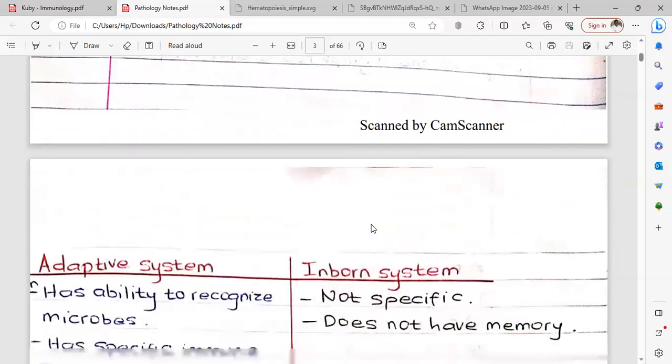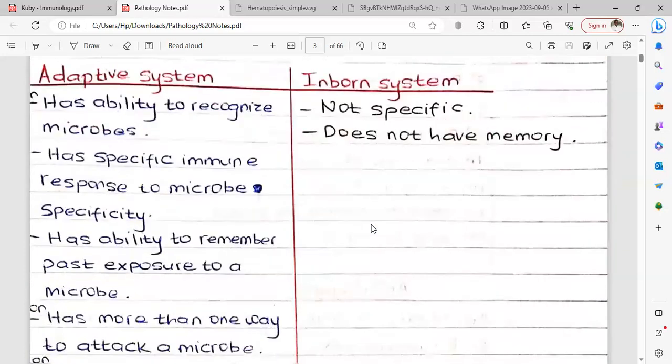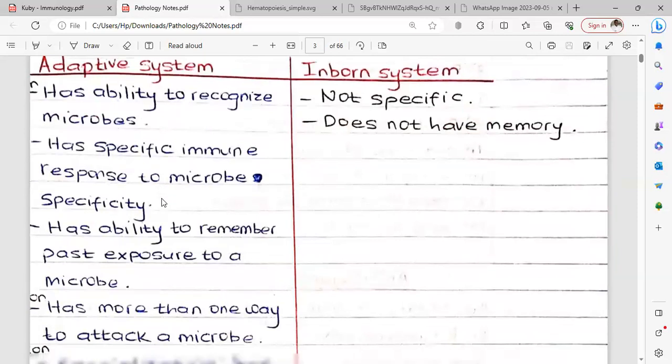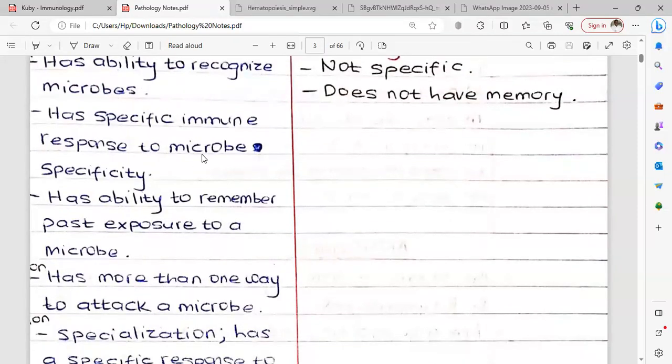So Gontia gave some differences. For adaptive immunity, it has the ability to recognize microbes. It is specific. It has a specific immune response to a microbe, so it gives that ability of specificity. And then it has the ability to remember past exposure to a microbe, which is memory.